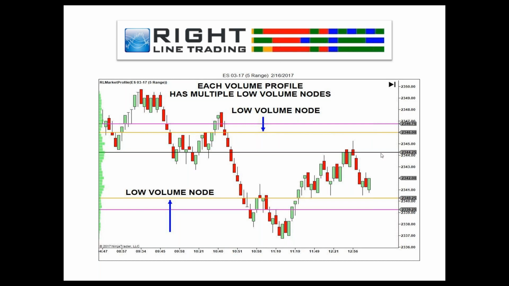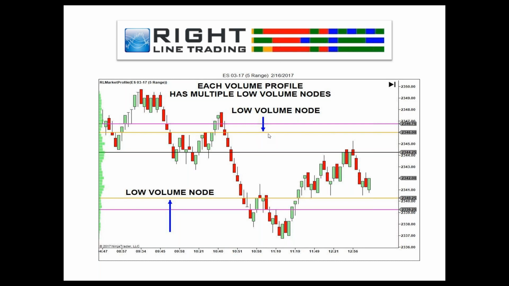So this is a price where traders have accepted, in this case, the E-mini to be, and want it to be. These are prices where they have rejected this price. Almost no volume is crossed at these two particular prices.